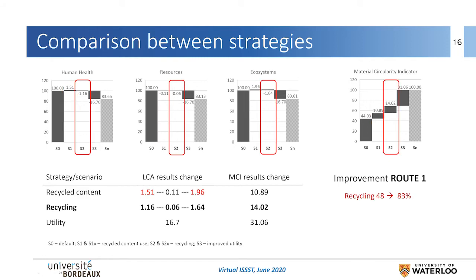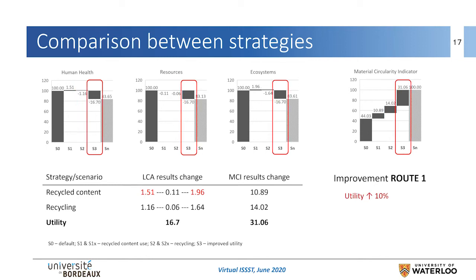For the recycling strategy scenarios, we have a decrease of impacts in all cases, but this decrease is relatively small, from 0.06 to 1.64%, which corresponds to an increase in circularity of 14%. And finally, we have the utility strategy scenario, which reduces impacts by 16.7% and improves circularity by 31%.